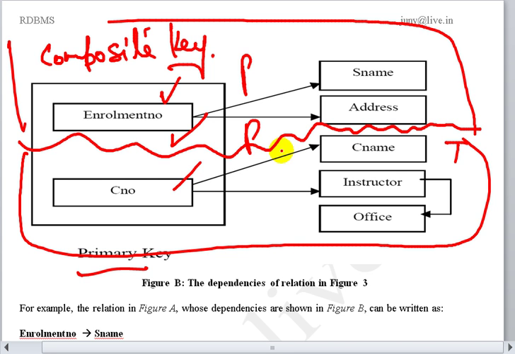So if you break it, you will lose the information of which student is enrolled in which course, isn't it? If you make an enrollment table and a student table with enrollment number, name and address, it is lost which student is enrolled in which course. So we need another table.